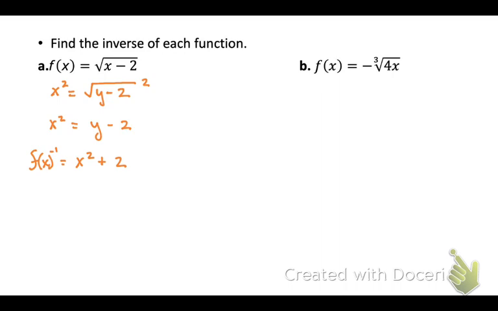But this is a square root function, yes? That vertex goes from 0, 0 to 2, 0. So it starts here and goes like this. Yes? That's what that square root looks like.